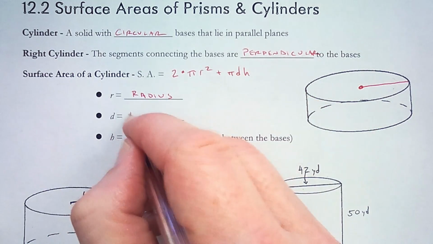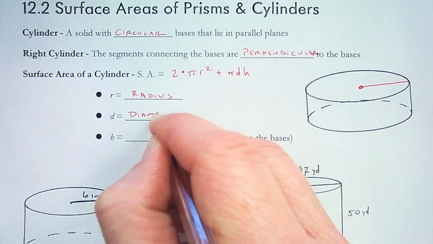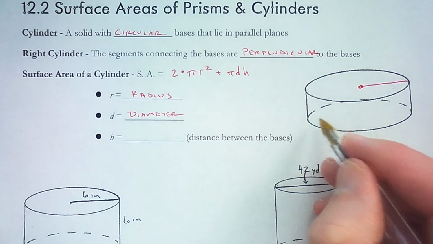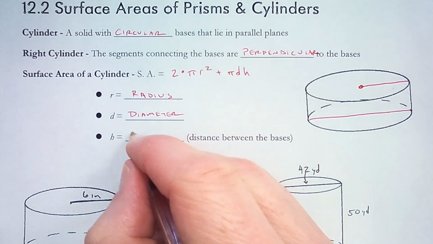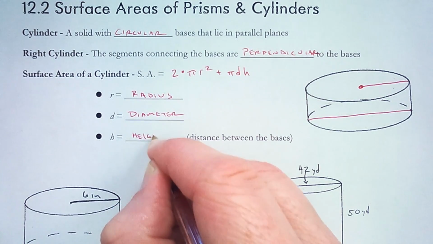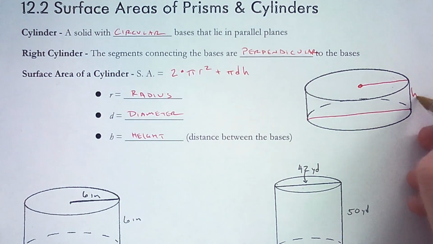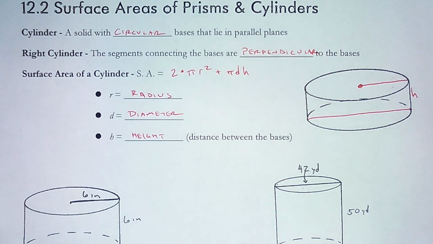D here is for diameter, which is all the way across a circle, so that's exactly twice the radius. And H is the height, which is the distance between the bases. So H would be right there.